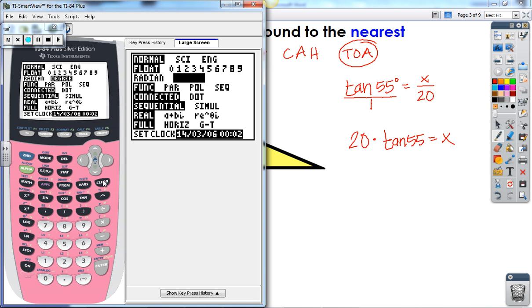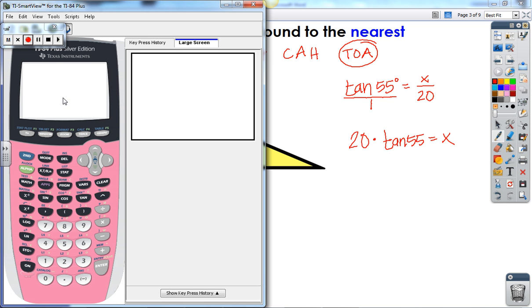Alright, so going back, now I'm going to put this into my calculator now that I know I'm in degree mode. I'm going to do 20 times the tangent of 55 degrees and hit enter.